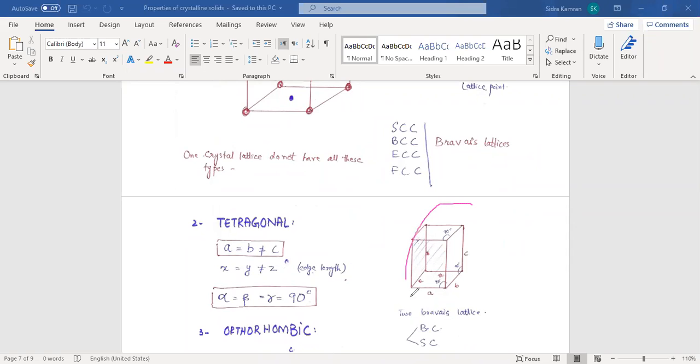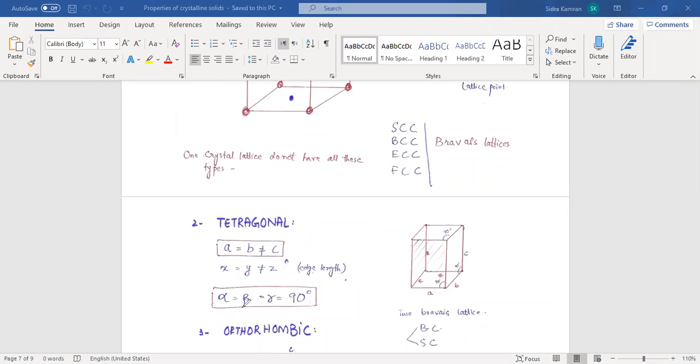Here you can see the figure of the tetragonal system, having A and B edge lengths the same, but B and C not the same.